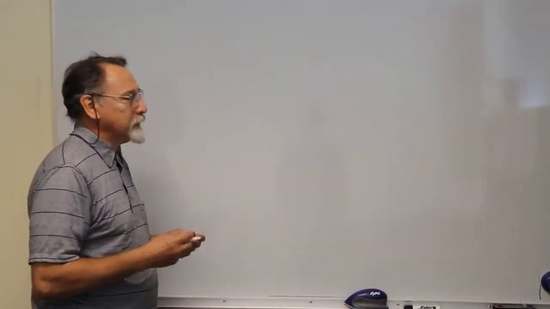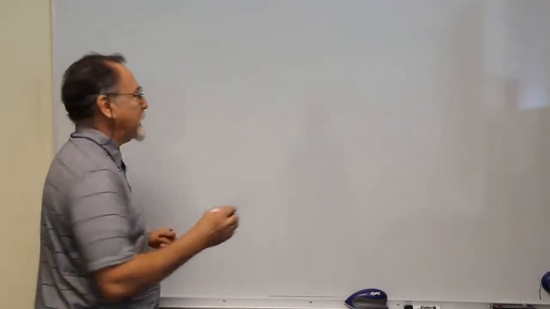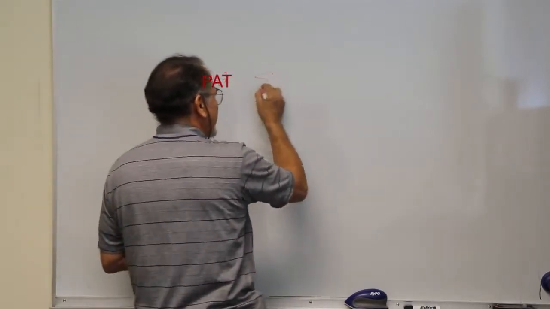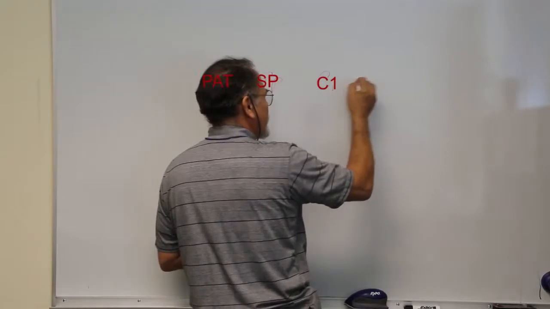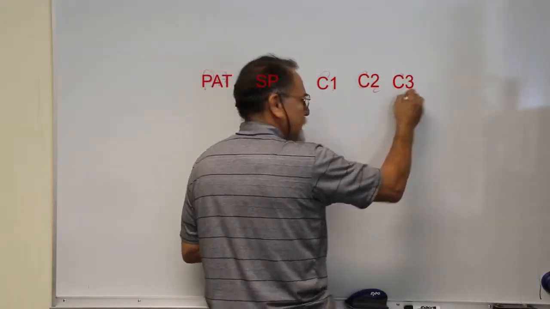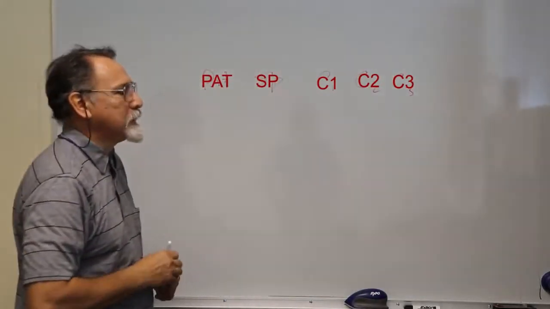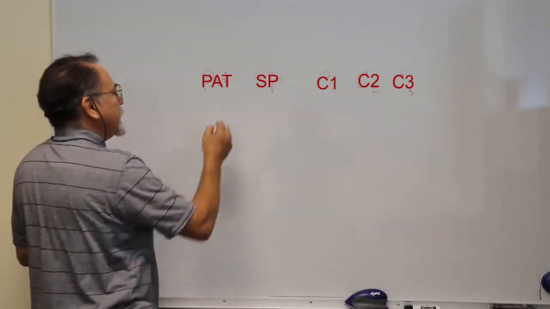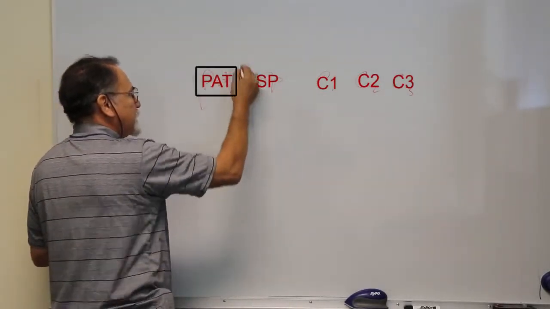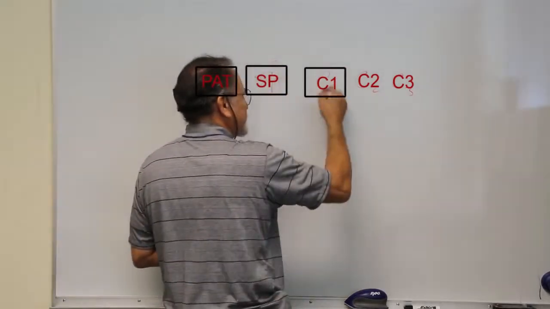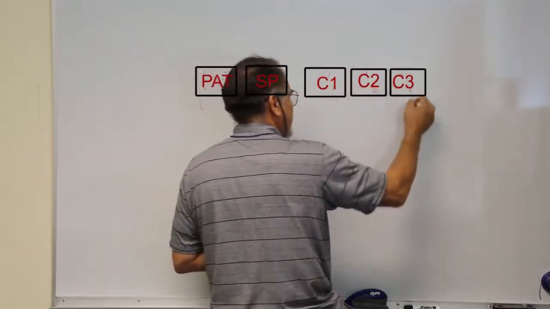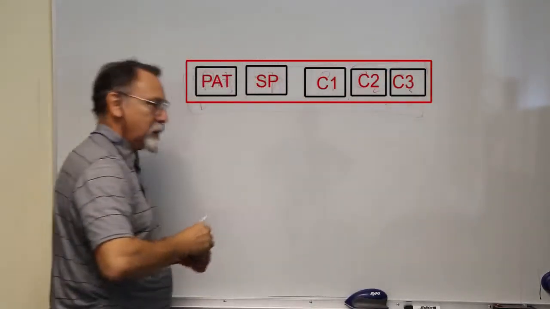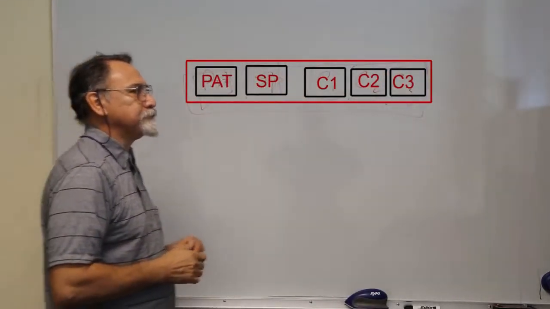For example, let's go back to that doctor-patient scenario. So you have the patient, you have the spouse, you have child 1, child 2, and child 3. Each of these individuals is supposed to be separate, but yet this is a whole unit.